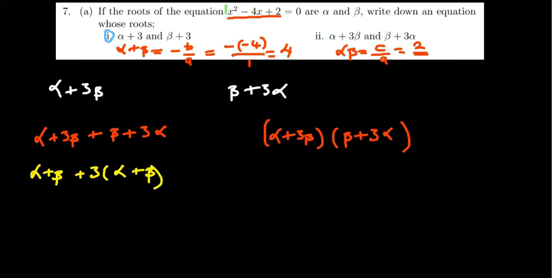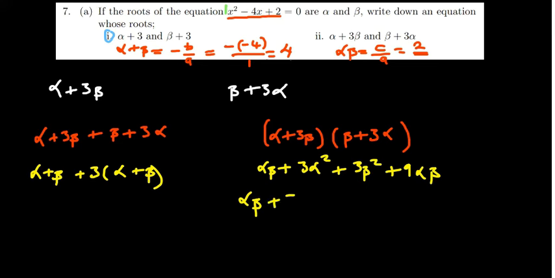Then alpha times beta is alpha beta, and then 3 alpha squared, 3 beta squared, plus 9 alpha beta. For the middle part, we factor out 3, so that remains with alpha squared plus beta squared, which we already established from the previous question.